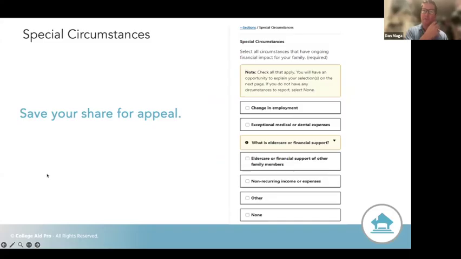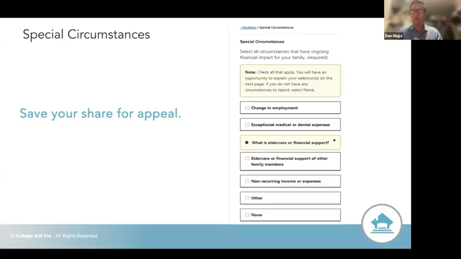And then special circumstances. This is when you're going to want to tell them about every nitty-gritty thing going on in your situation, but you might not necessarily want to do that here. Reason being, let's say you put in the information about your appeal, about how you lost your job and you haven't had as much income lately or something along those lines.